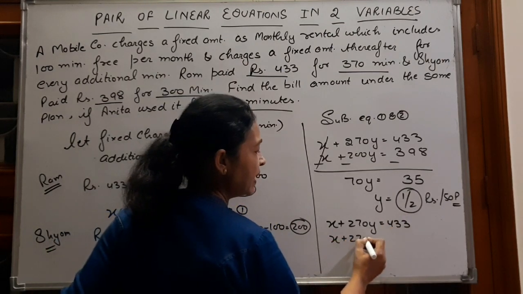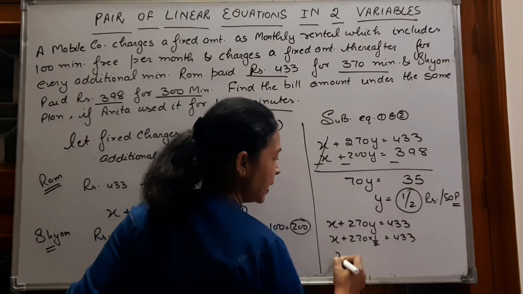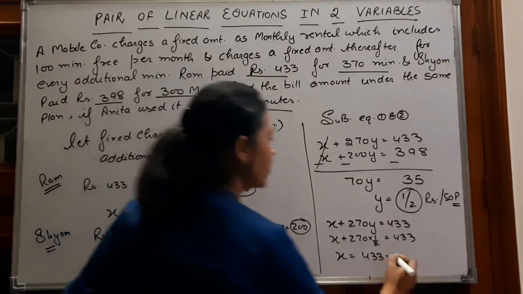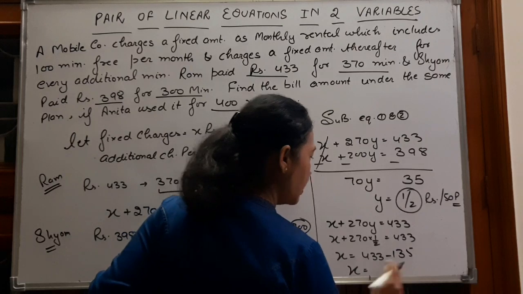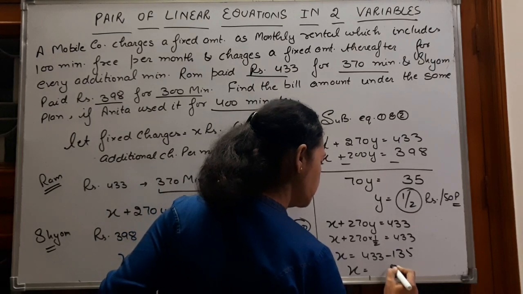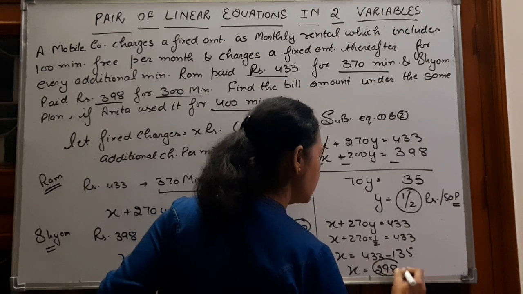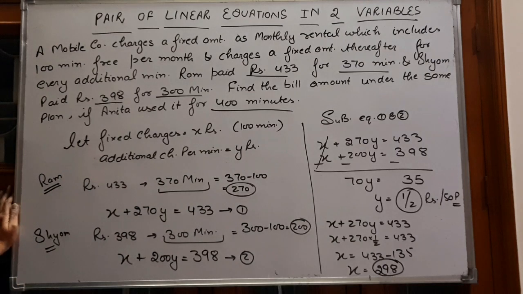X plus 270 into 1 by 2 equals to 433, and X equals to 433 minus half of 270 is 135. So the fixed charges are 298 rupees, and the additional charges per minute is rupees 1 by 2, that is 50 paise.